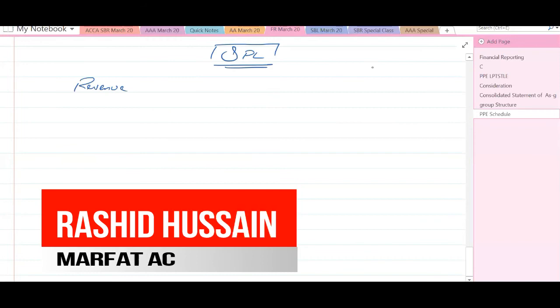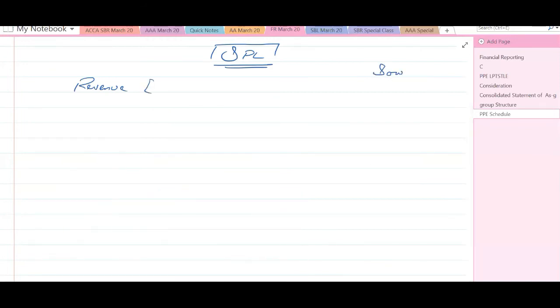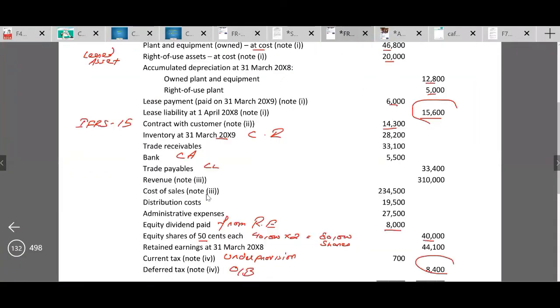All right, now we are done with all the workings and we can prepare the financials. So the statement of profit or loss. First of all, we have the revenue. Let's go to the trial balance and see how much revenue we have. It's 3,10,000.